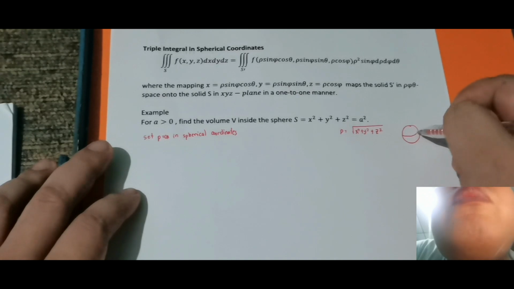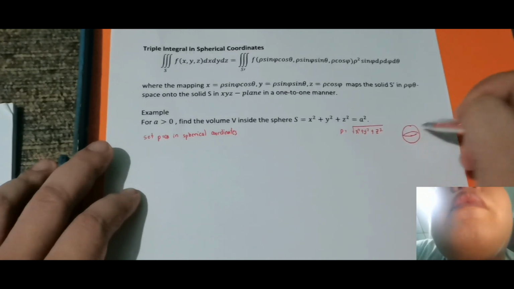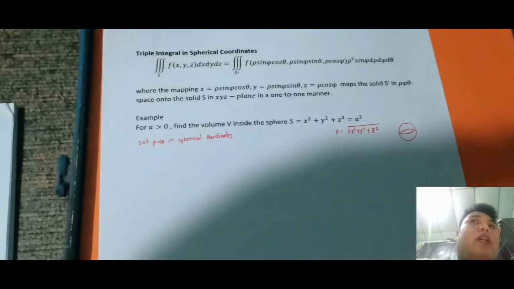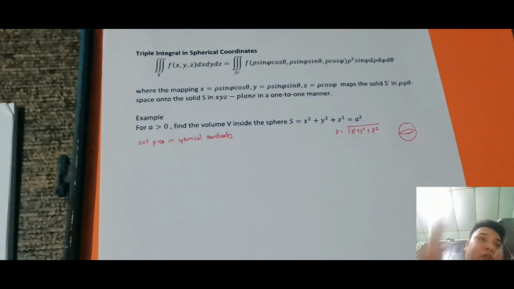Wala talagang pumipigil sa kanya, walang nakaharang sa taas, walang circle sa taas, circle sa ilalim, o rectangle, o square. Solid na literal bilog talaga siya.